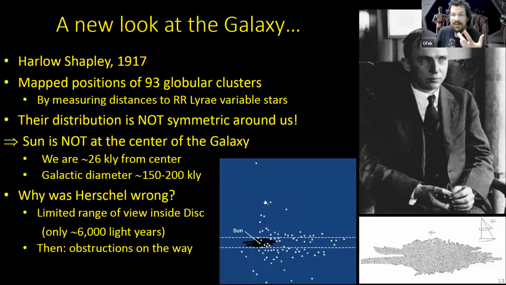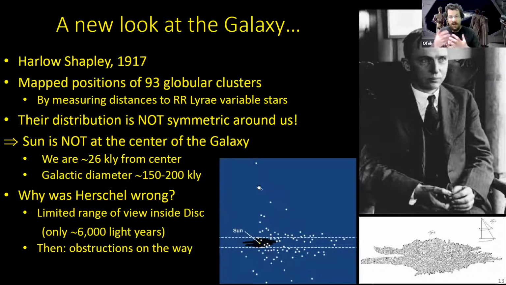So it's a lot easier to see globular clusters far away and off of the disk. They're brighter, and you can now study them in more parts of the electromagnetic spectrum. But you can also see them off the plane of the disk, which Herschel couldn't do at the time.